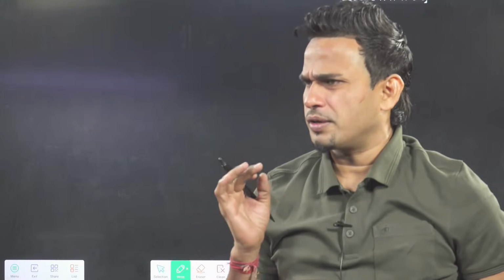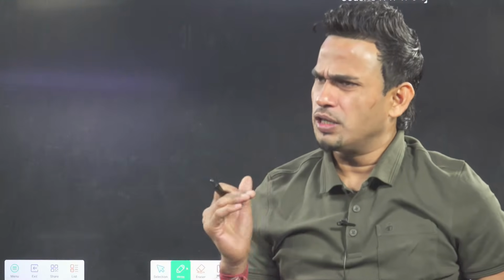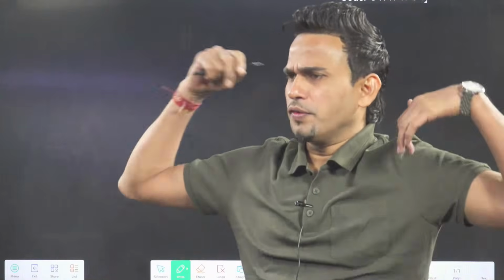So all these things we studied. One last question we will do from whatever we studied in the last class, then we'll start with the triangle law. You write one question, you can try by yourself.